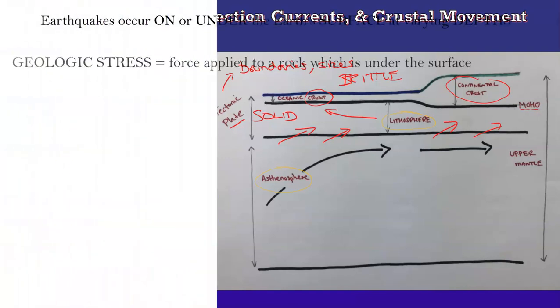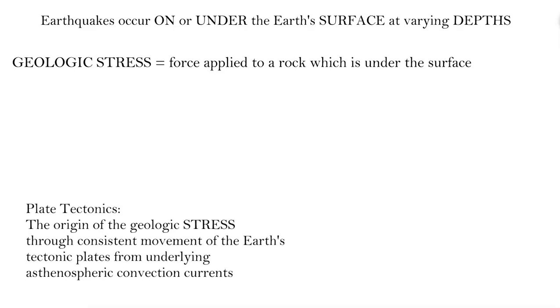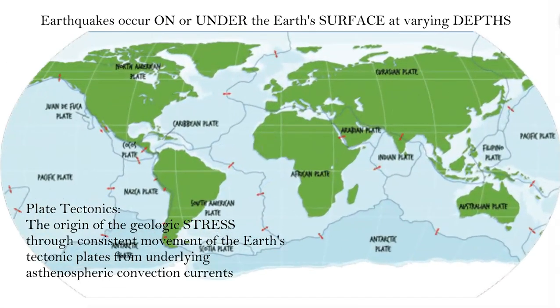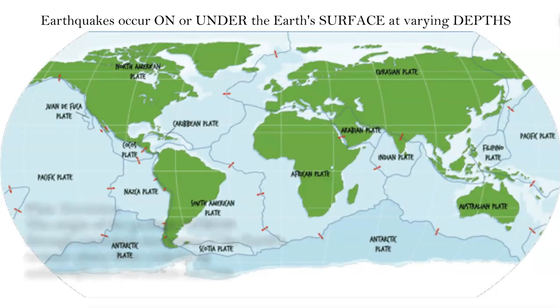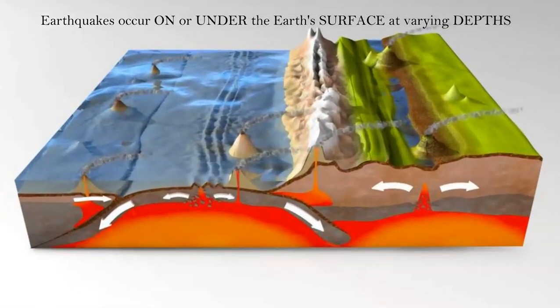So we look at stress in particular. Stress is the force applied to an area of rock. Now, this force originates from plate tectonics and convection currents, and the fact that the entire crustal rock and surface of the Earth is being moved very slowly by underlying currents, with boundaries separating the plates and constant movement and geologic processes going along all the time, like subduction, convergence, divergence, and seafloor spreading.